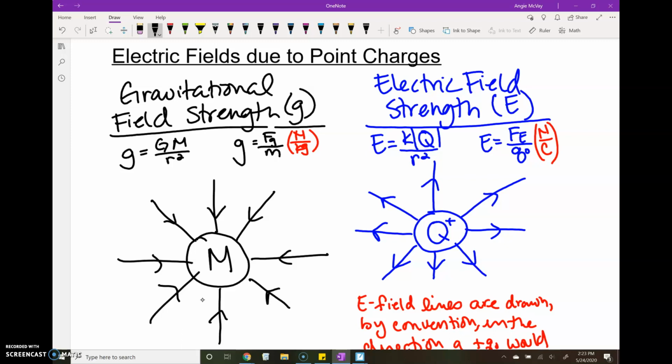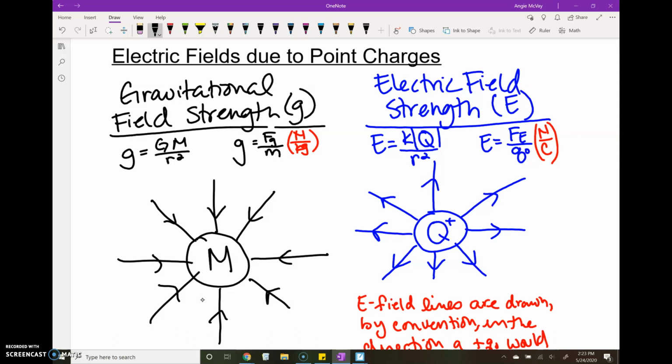All right, so gravitational field strength conceptually is gravitational force over mass. Electric field strength conceptually is electrostatic force over charge. And then we have specific equations that we can use to do those calculations.